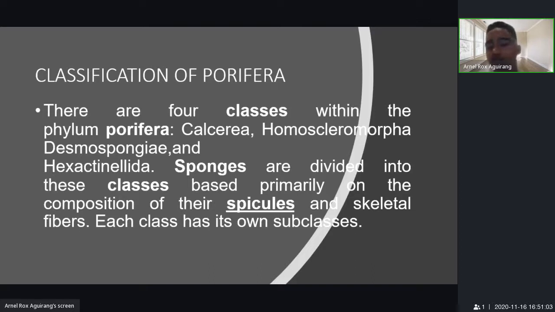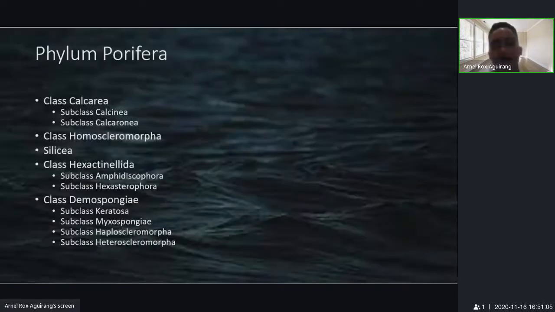So, subclasses. In class Calcarea, there are subclass Calcinea and subclass Calcaronea. In class Homoscleromorpha, there is superclass Silicaceae.